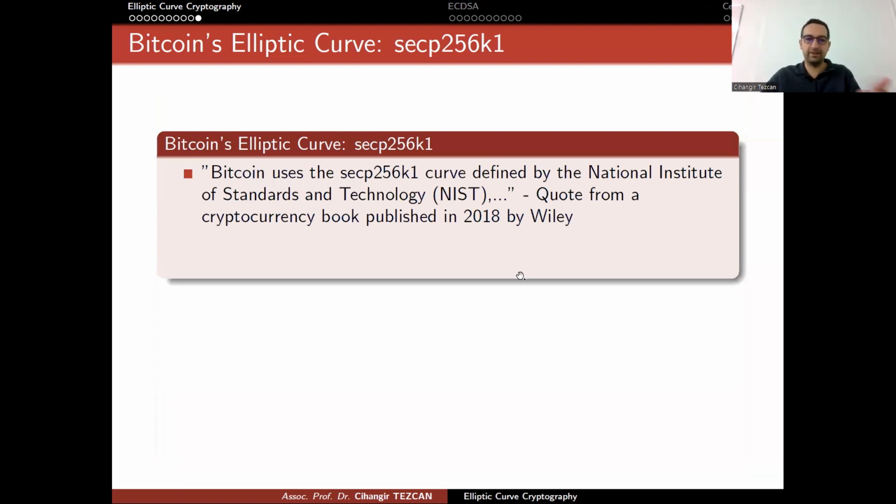All right, so in the slide, this is what I actually say, because this is a well-known misconception. For instance, I'm quoting from a book published very recently by Wiley, and there they say that Bitcoin uses the secp256k1 curve defined by the National Institute of Standards and Technology.